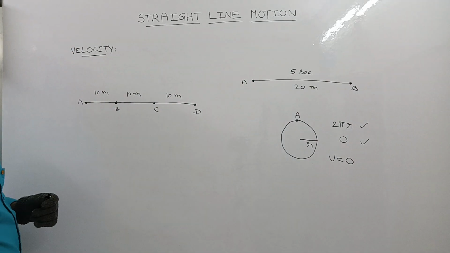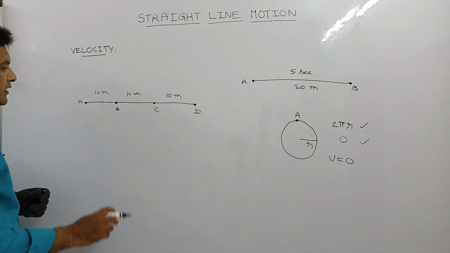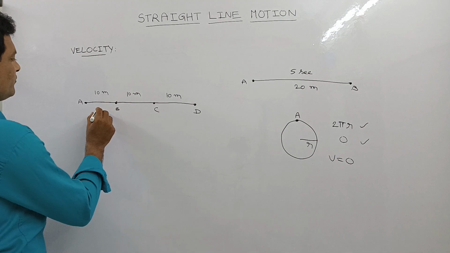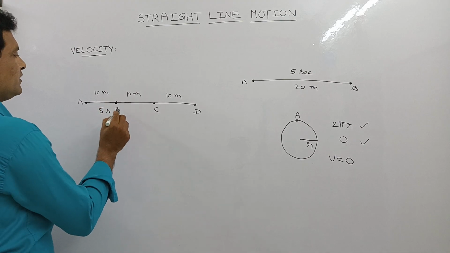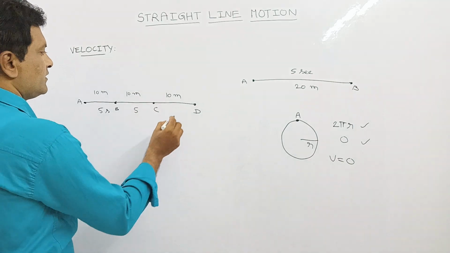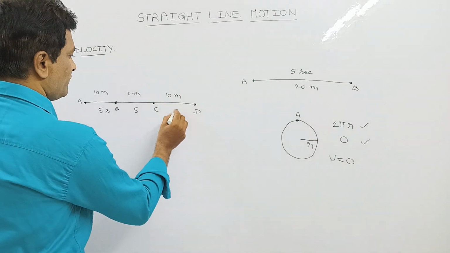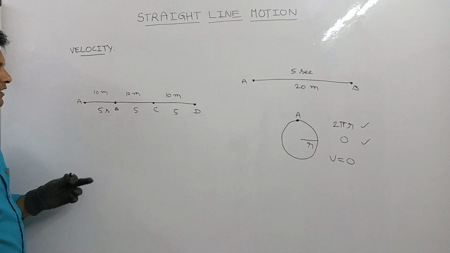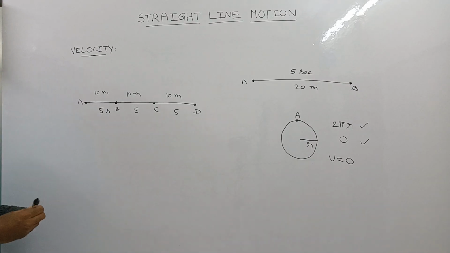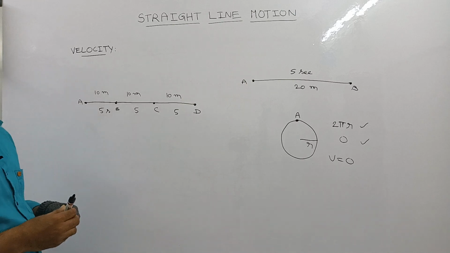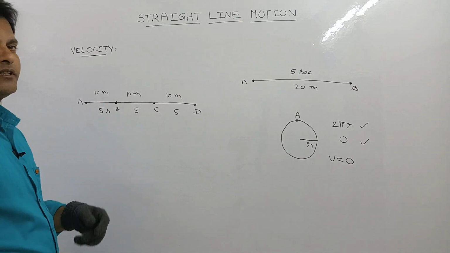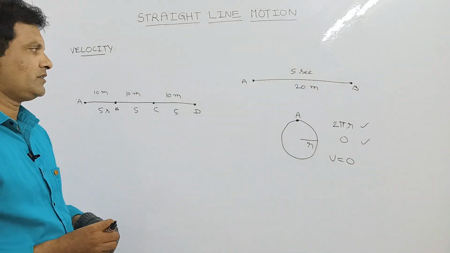Equal distances covered in equal intervals of time. Suppose for 10 meters it took 5 seconds, and the next 10 meters it traveled in 5 seconds, and this 10 meters also in 5 seconds. So here the object is covering equal distances in equal intervals of time, so we can say the object is moving with uniform velocity.